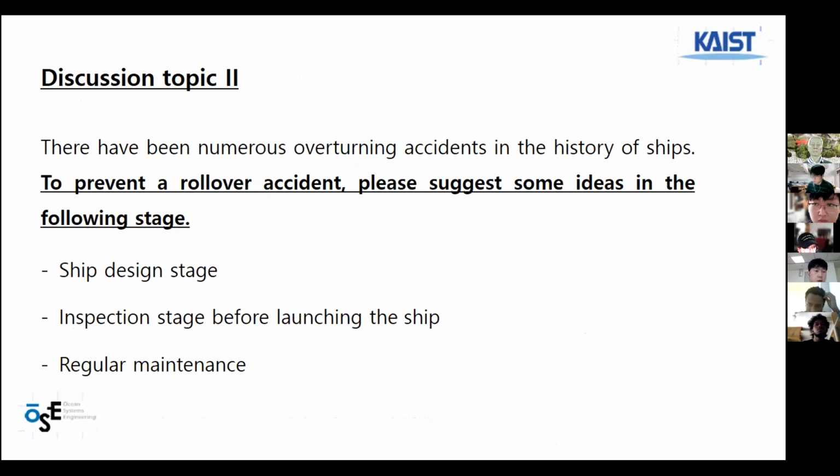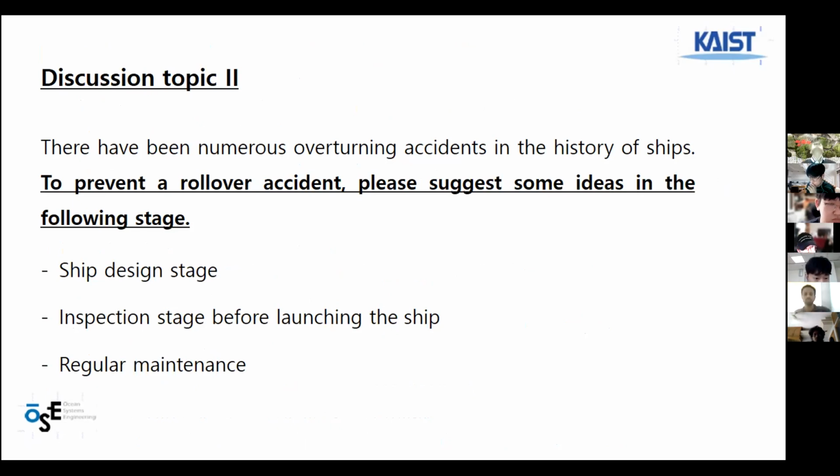So the second discussion topic is as follows. There have been numerous overturning accidents in the history of ships. So to prevent a rollover accident, please suggest some ideas in the following steps.